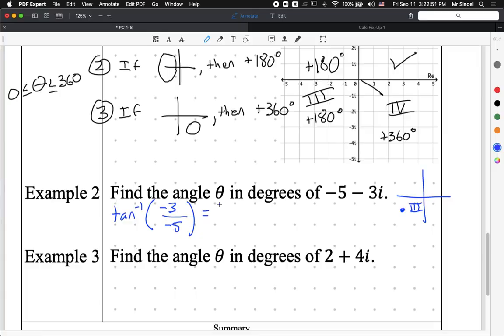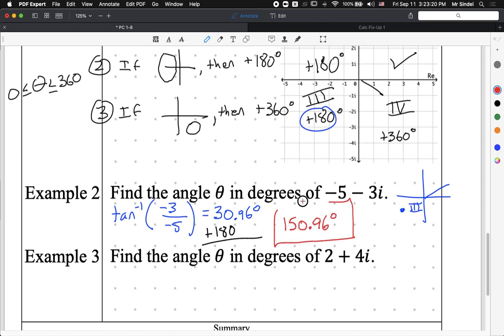So 30.96 degrees. But again, we have to add 180 degrees because what 30.96 degrees is, that's happening right there. If I add 180 degrees, that comes down there. And you can see, yeah, that's 180 degrees right there. So I'll say plus 180 degrees. And that gives us our final answer of 150.96 degrees. Go ahead and box it.